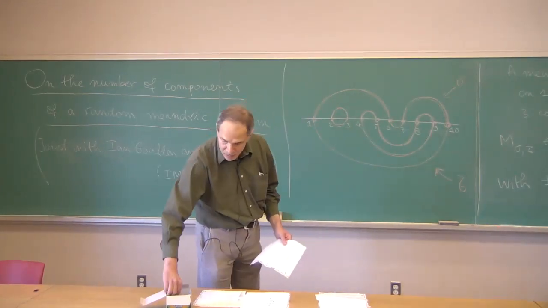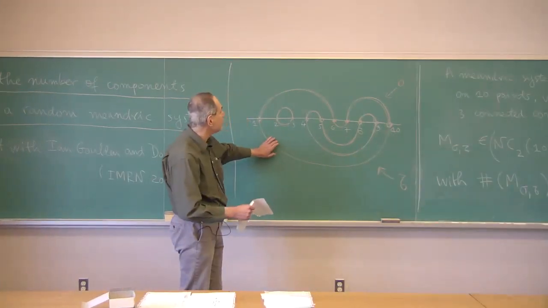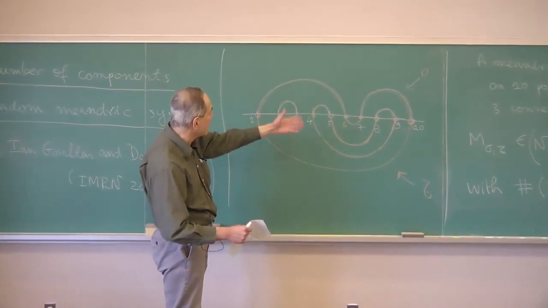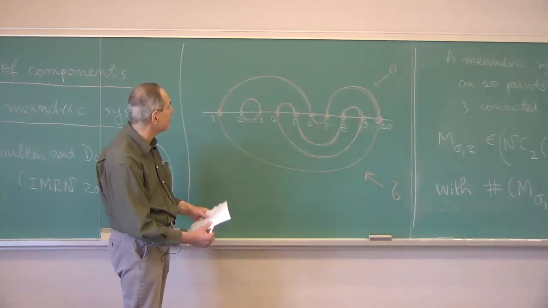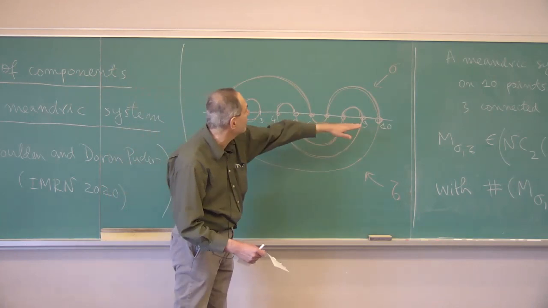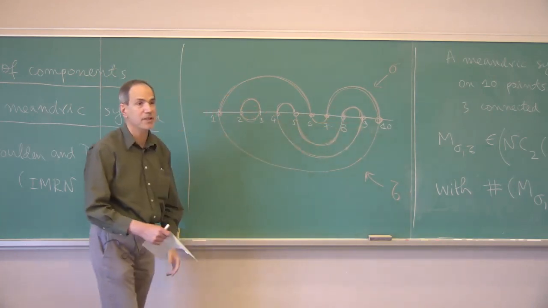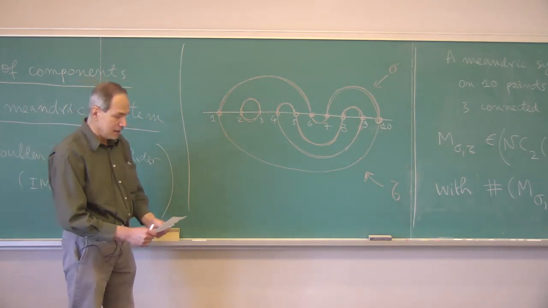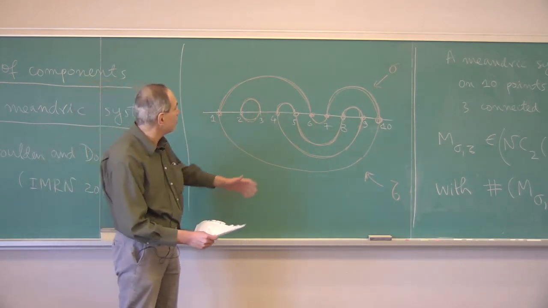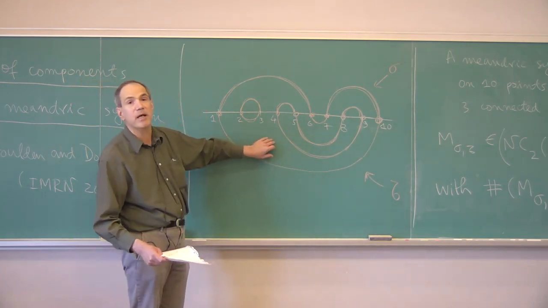Okay. So anyway, here is the object. This is a meandric system. Looks like a nice picture. You can think of it as a system of canals. This is a highway, and then somebody made a system of canals, 3 canals for this particular picture. But the way to think about this for us is that here we have 2 non-crossing pair partitions.